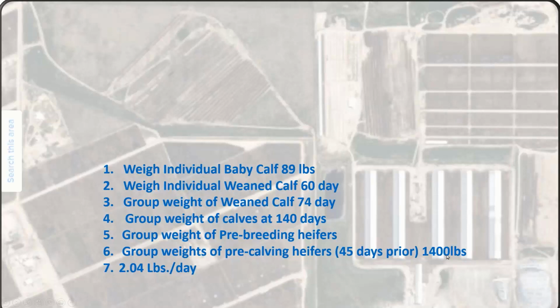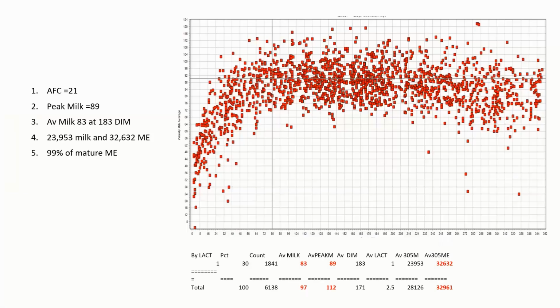And so our average on that system is 2 point some odd pounds. But again, this is calving at 21 months of age. And so, looking down through there, you can see I'm not comfortable being that young.